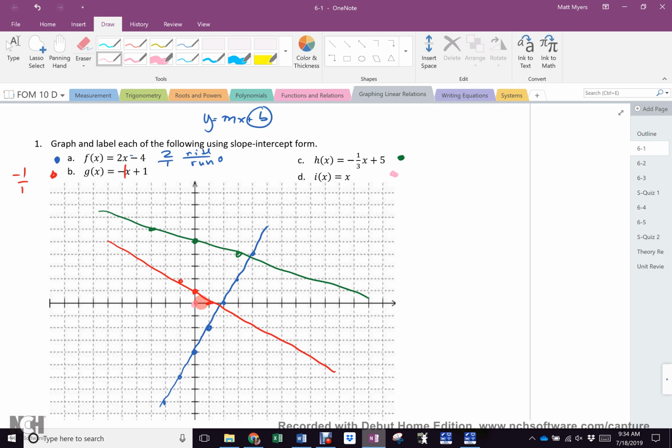So is it up 1 and then to the right? Could I go up 7 and right 7? Would that give me 1? Could I go up 23 and right 23? Could I go down 47 and left 47? Yes. And there's that line.